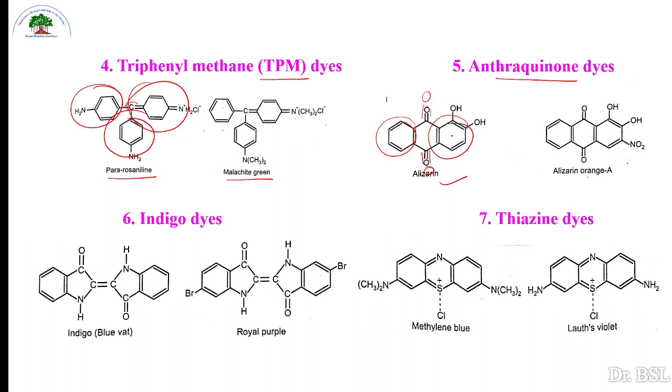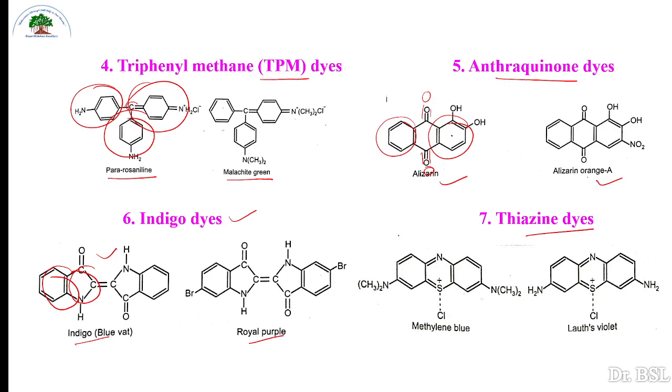So alizarin and alizarin orange A, these are the examples. Indigo dyes. Indigo dyes are those dyes in whose structure there is six-membered ring with five-membered ring containing one nitrogen. These are known as indigo dyes. Indigo, blue vat, and royal purple, these are the examples of indigo dyes.